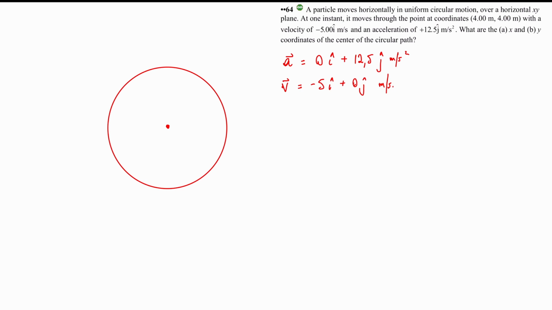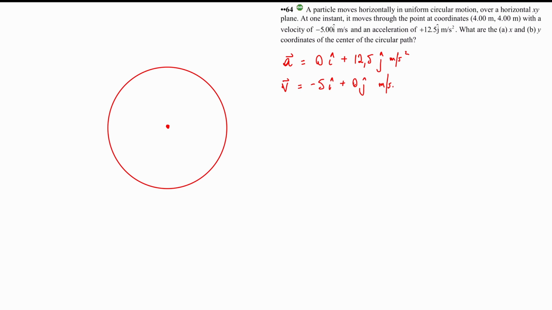When it passes this point, its velocity is minus 5 meters per second i hat, and its acceleration is 12.5 j hat meters per second squared. And here we're asked to find the x and y coordinate of the center of the circular path.